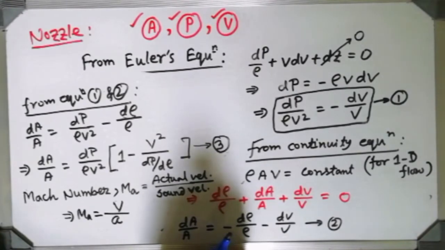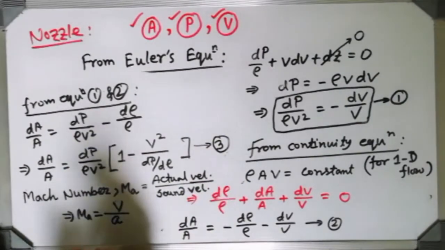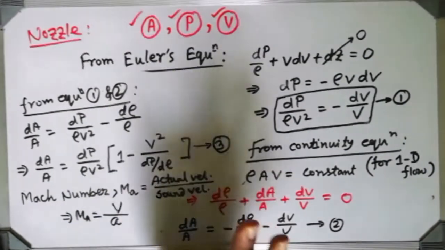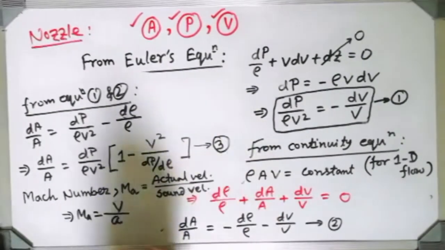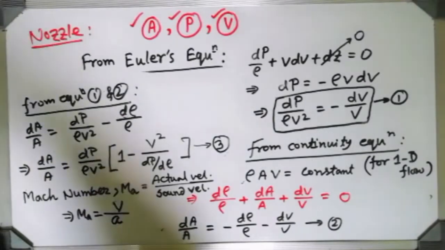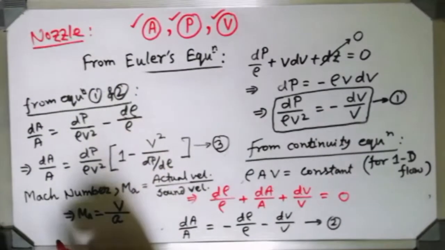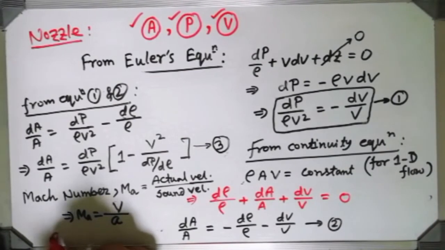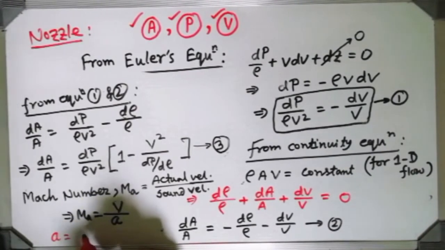And we can derive the expression. The derivation I am not going to do over here, that is also needed for the mechanical part. We can derive a relation by which the sound velocity a can be expressed as root over dp by d rho.